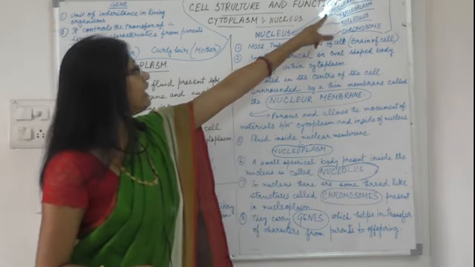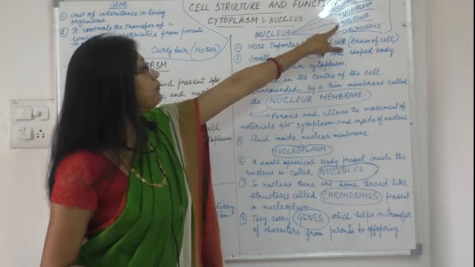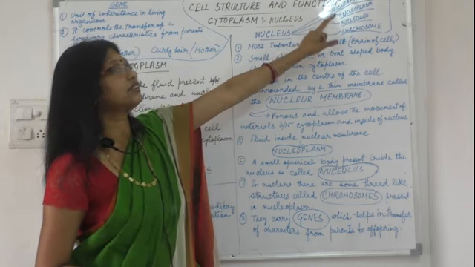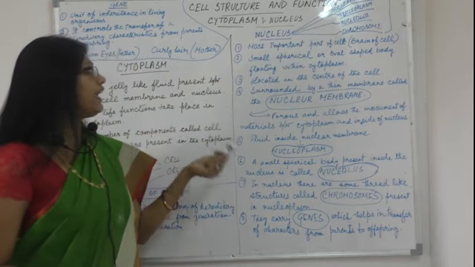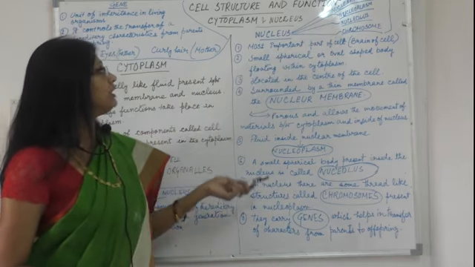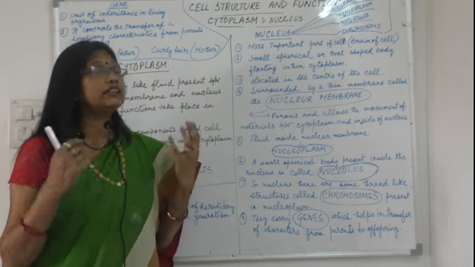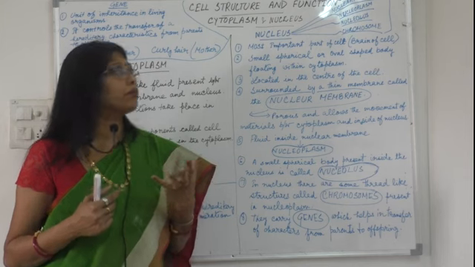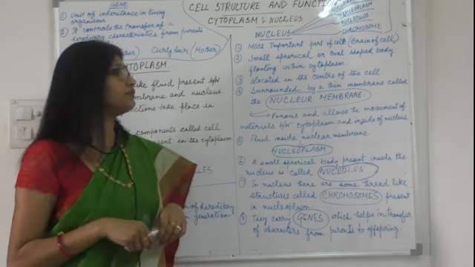So we have already covered three parts: nuclear membrane, nucleoplasm and nucleolus. The last one is chromosome. Again, recapping about the nucleus, the most important part of the cell: first, it is a small spherical or oval shaped body floating within the cytoplasm.